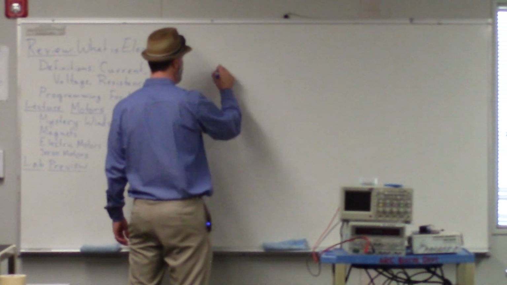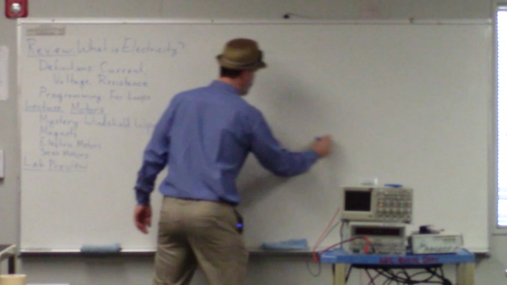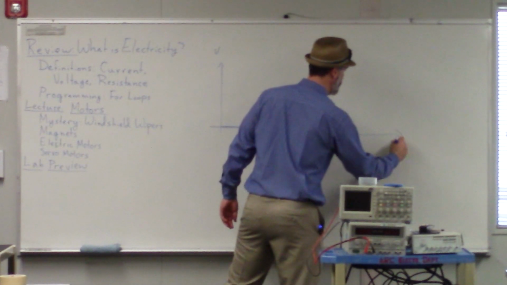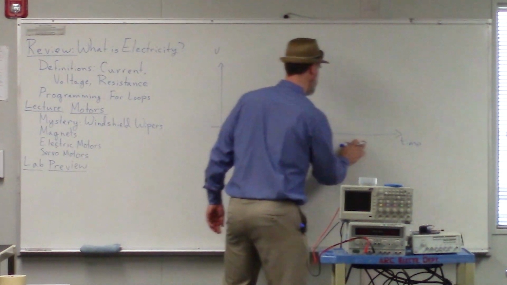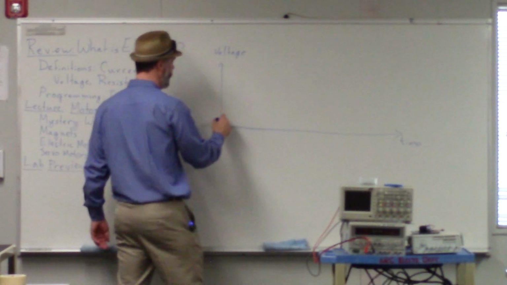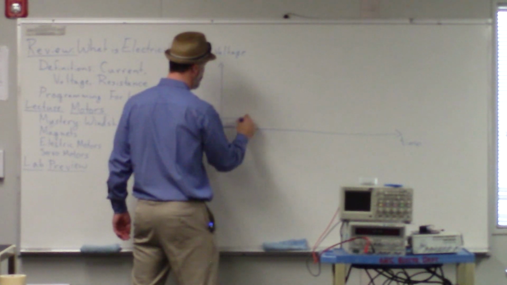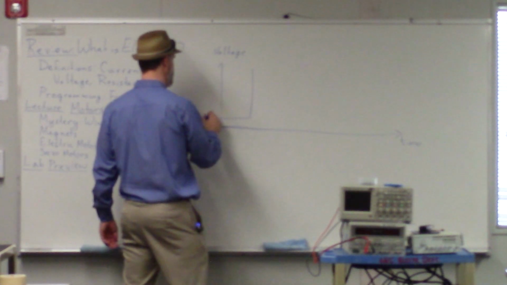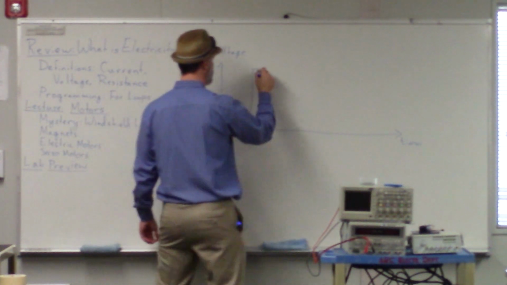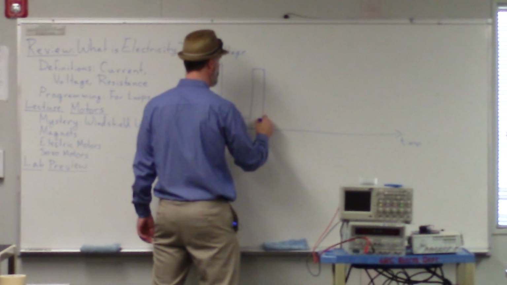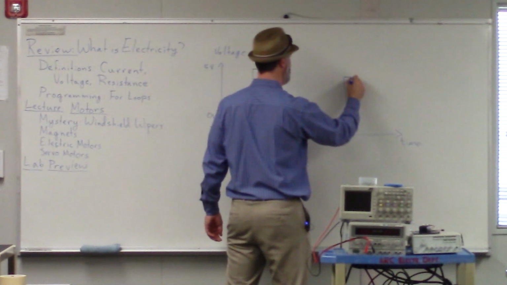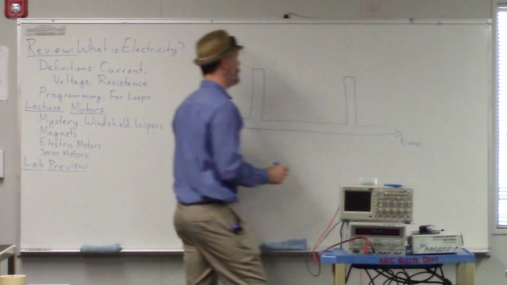So if we were to look at a message and we were to measure the voltage and see how it changes over time, we would see that the voltage starts off low, so it starts off at 0 volts, and then it goes up to 5 volts for a short amount of time, and then it goes back down, and then we wait, and then we see another pulse up to 5 volts, and then we wait, and so on.